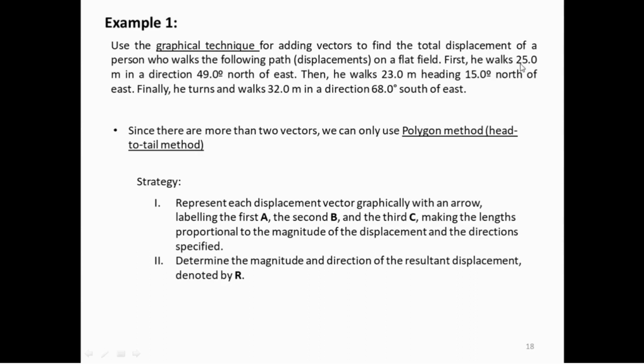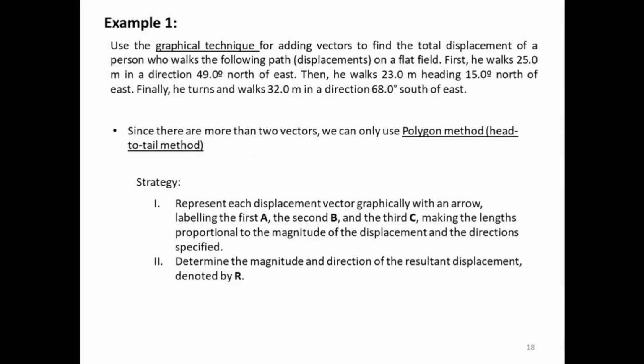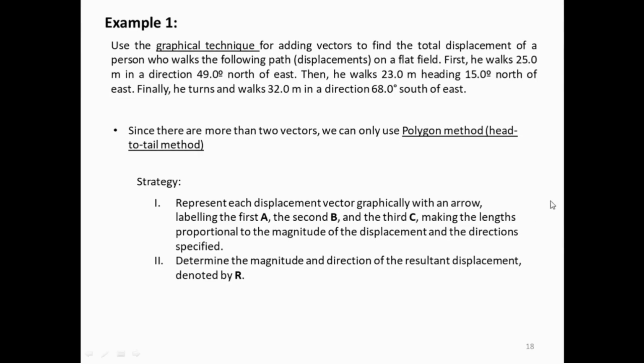So here again, as you read the problem, we have a total of three vectors and we have to add them. Since there are more than two vectors, we can only use the polygon method, or the tip to tail method. What is our strategy here? First, we represent each displacement vector graphically with an arrow, and then we label them: vector A, vector B, and vector C. We should make the lengths proportional to the magnitude of the displacement and in the direction specified.